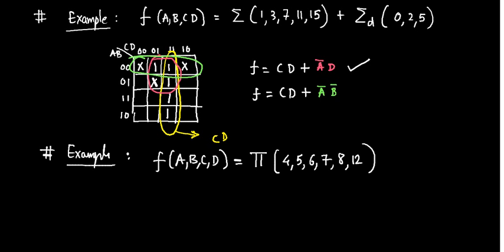Now see how I am expressing this. Here it was plus, this is in POS form, so it should be product here. Yes, don't care. I don't care when the output is 1, 2, 3, 9, 11 and 14, let's say.